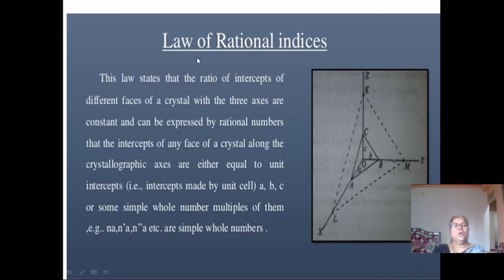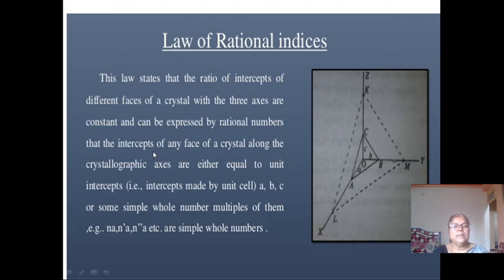The law of rational indices states that the ratio of intercepts of different faces of a crystal with the three axes is constant and can be expressed by rational numbers.